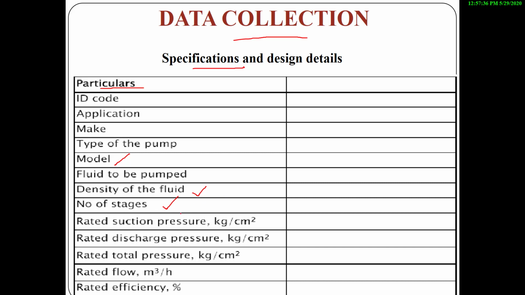Based on that you have to select, and rated suction pressure in kilogram per centimeter squared, rated discharge pressure in kilogram per centimeter squared, rated total pressure in kilogram per centimeter squared, rated flow, and rated efficiency. These are the basic specifications or data collections before selecting any pumping system, or in case we are building or inventing a new pumping system on our own.